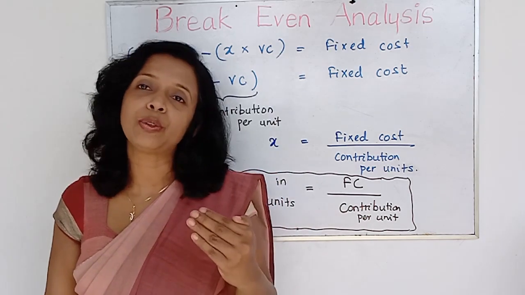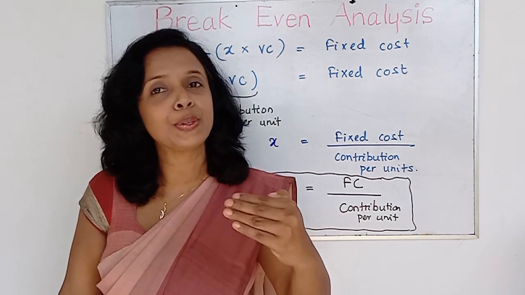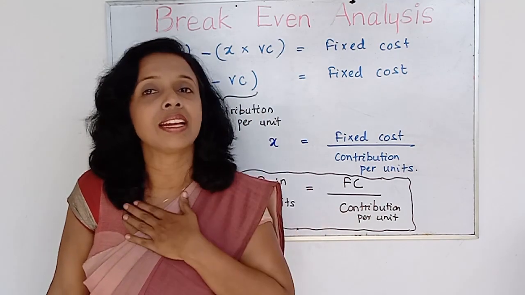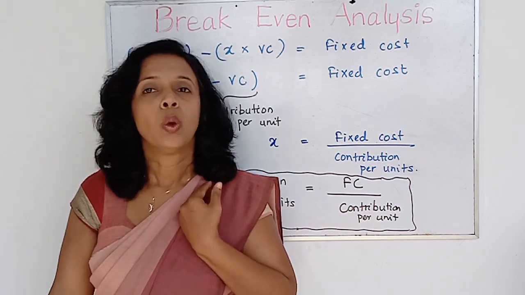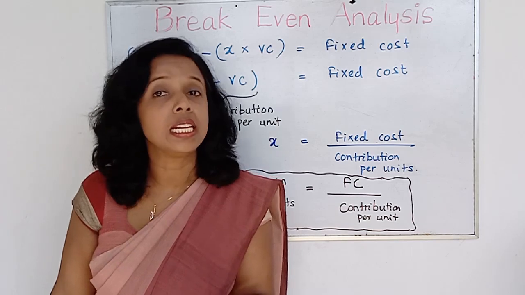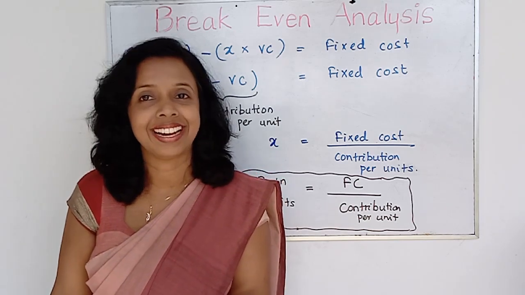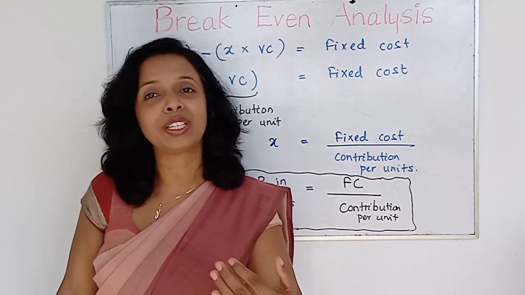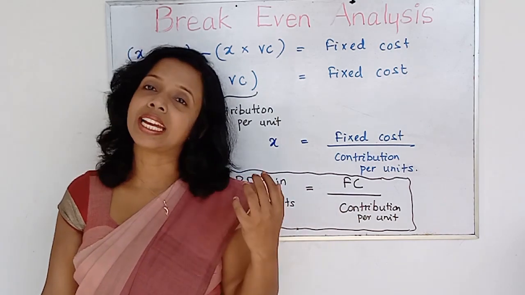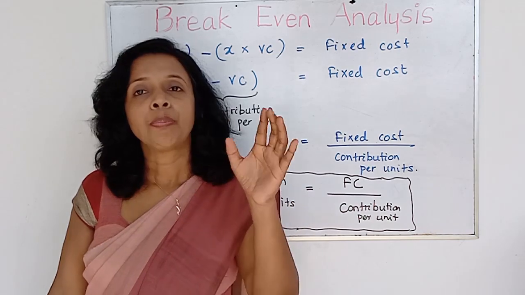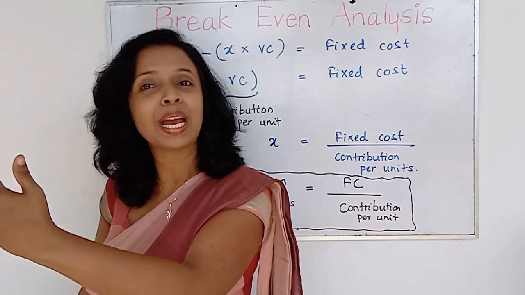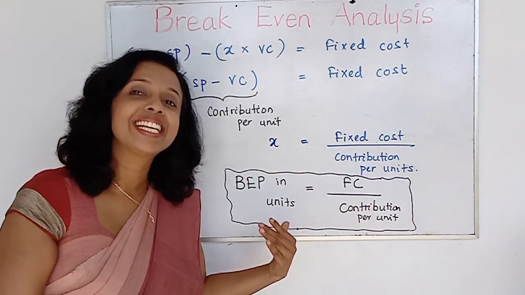After 500 units, 501, 502, up to 1500, whatever the number of units I am producing, I can earn profits. Now I am very happy, because whatever the business type, my main intention is to earn profits, right? After selling 500 units, now I know thereafter I can earn profits. That means I'll be safeguarded for whatever number of units I produce beyond this.